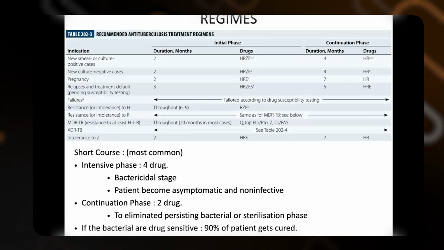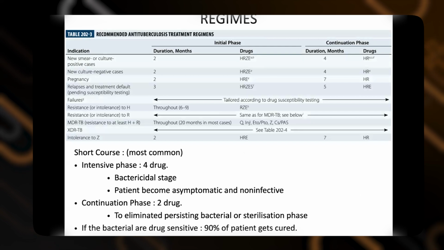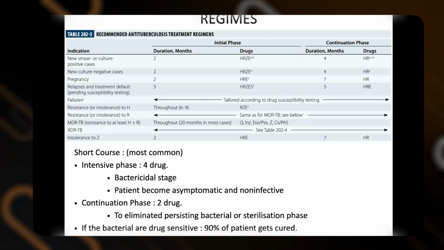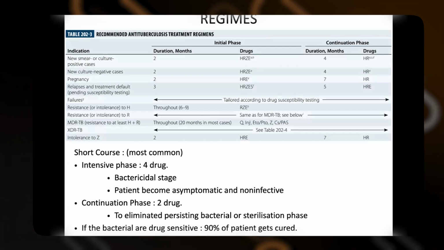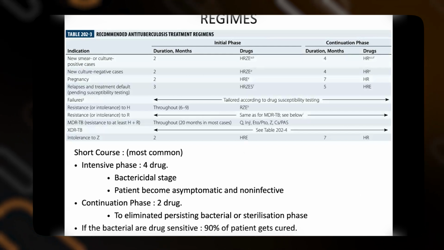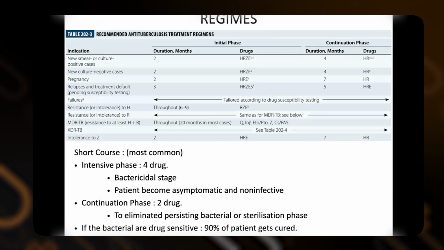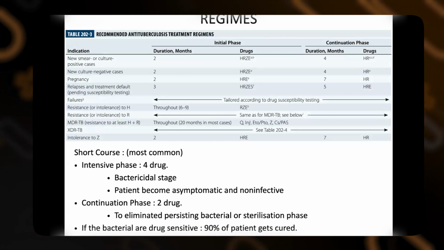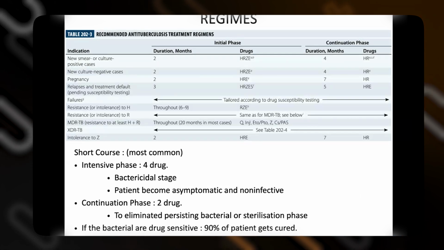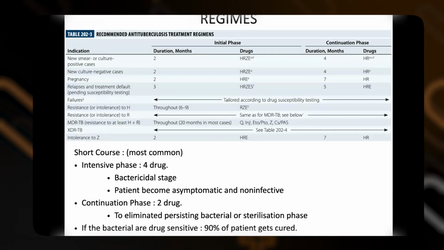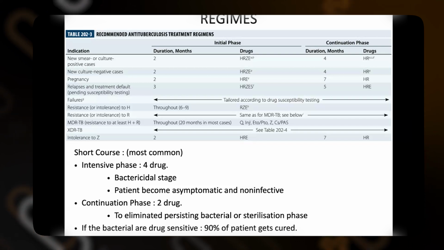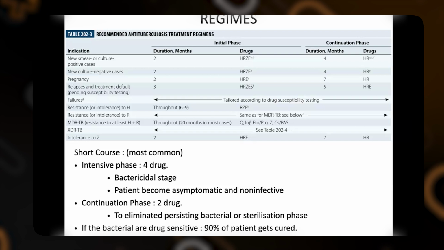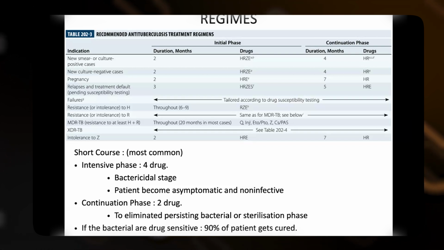So why do we need a regime for treatment? Whenever you have a bug which requires more than one drug to control or kill, you need to have a regime in place which will tell us what exact dose, what exact combination, and what exact duration of time we should be using to achieve cure.